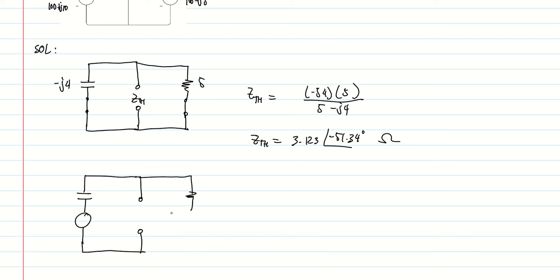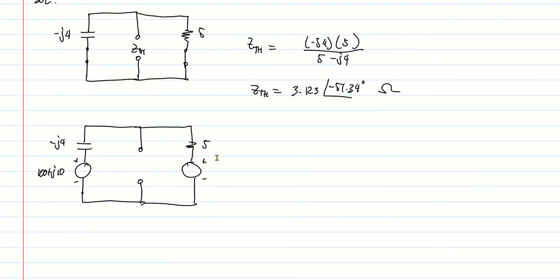So this is negative J4. This is 5. And this is our load. This is actually 100 plus J10, and this one is 100 minus J5. And VTH is the voltage at this point.